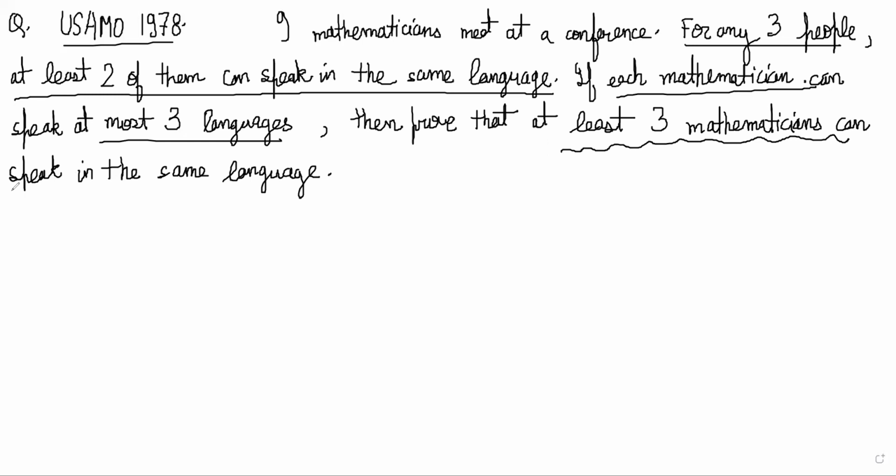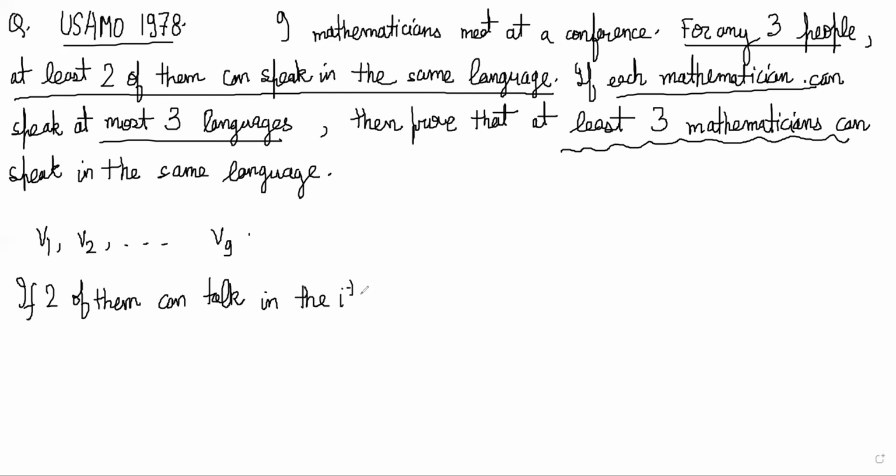So again, what we will do is convert this to a graph theory problem. Let's say the mathematicians are denoted by vertices v1 to v9. These are mathematicians. Now we say if two of them can talk in the ith language, then there is an edge.